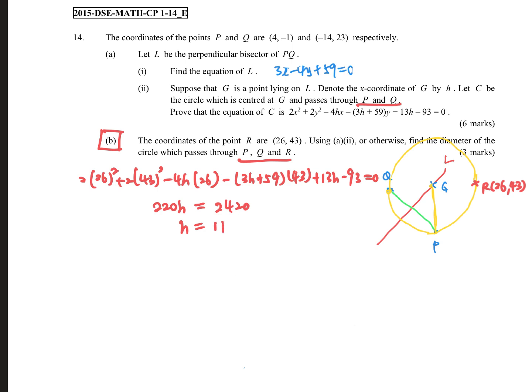If h equals 11, just now we have k, right? So we can find out k. The whole equation now becomes 2x squared plus 2y squared. So that would be minus 44x. And then 3 times 11 plus 59, so minus 92.